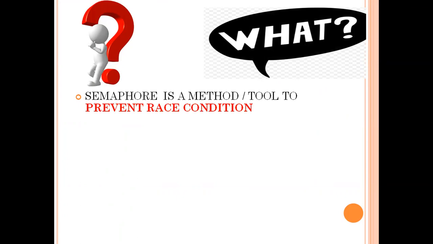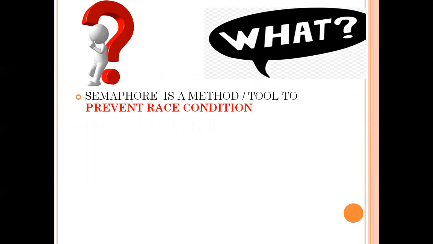Race condition: in an operating system, we get an advantage where multiple processes can access the same resources or the same memory block, a common code.